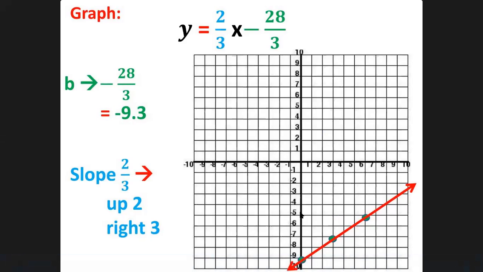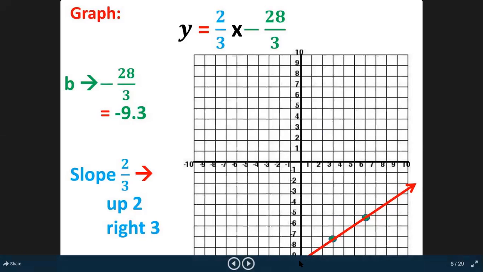The starting point is (0, b), so it will be (0, negative 9.3). What does 2 over 3 mean? How do we calculate rise over run? It is 2 up and 3 to the right. Then we continue 2 up and 3 to the right, 2 up and 3 to the right, and then we connect the points together.